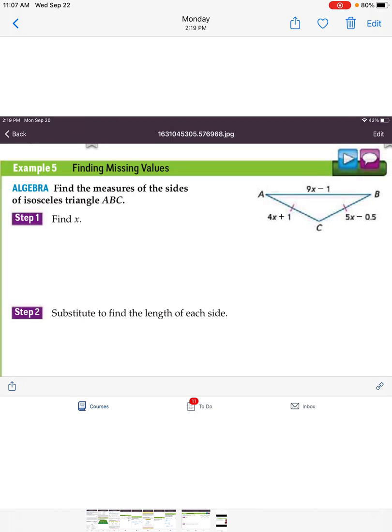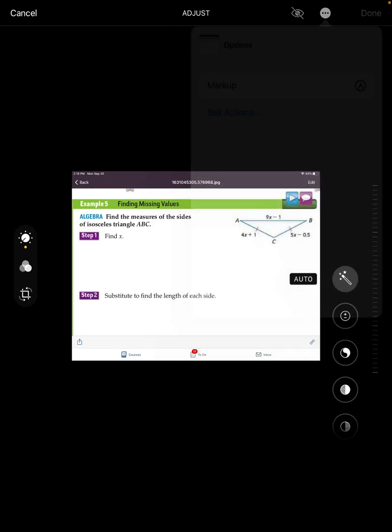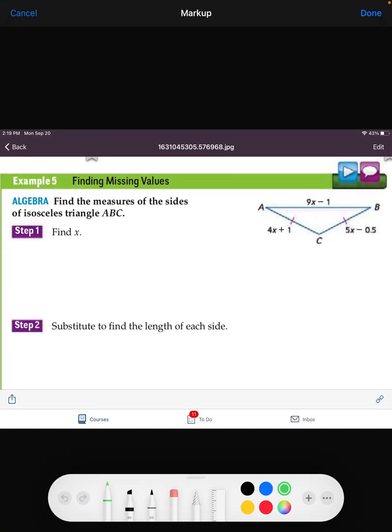In this example, we need to find the measures of the sides of the isosceles triangle ABC. It tells us to find x. Since it's an isosceles triangle, two of the sides are going to be equal to each other. It tells us with the hash marks that this side is equal to this side.